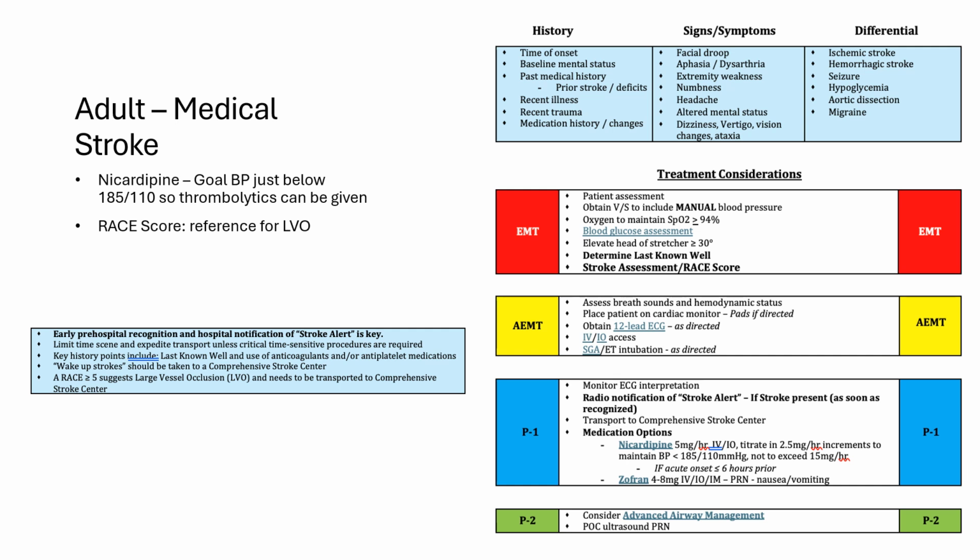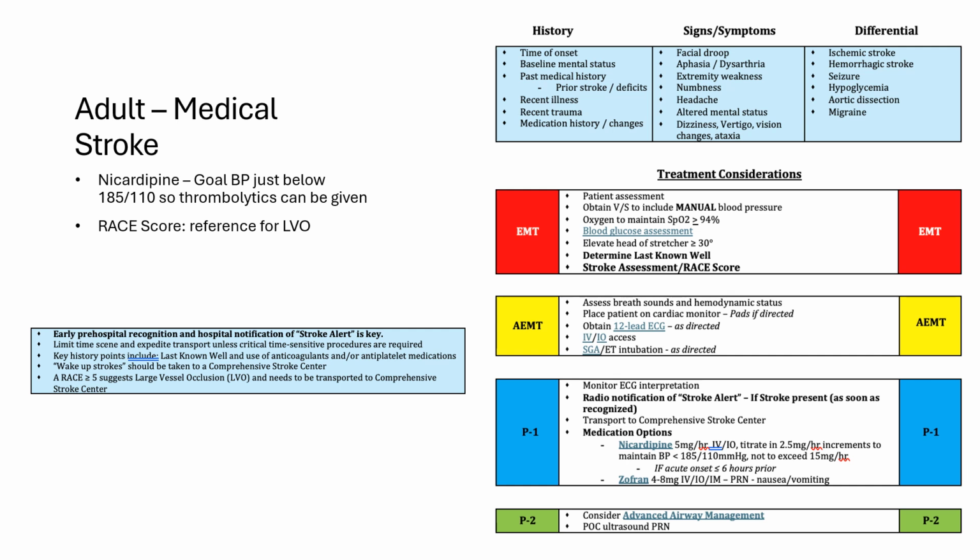New drug, stroke. If your patient has a blood pressure that's greater than 185 over 110, you're going to start nicardipine. Nicardipine is a very potent calcium channel blocker that will drop your patient's pressure very efficiently. You need to watch it, be very careful with it.